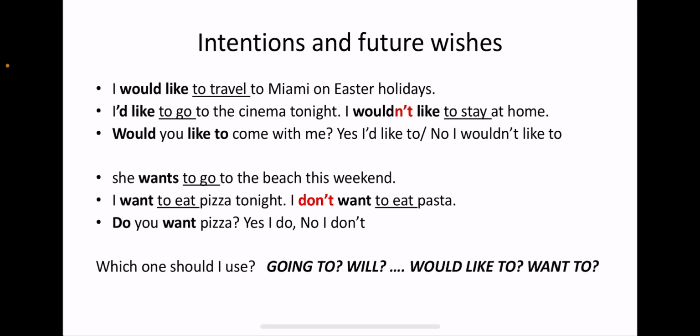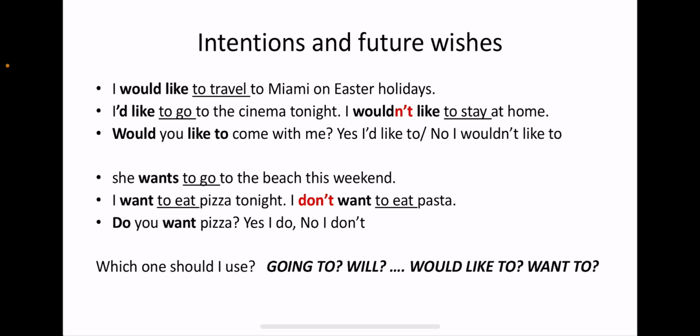Now, which one should I use? Going to, will, would like to, want to, present continuous? How am I going to decide? Well, you know the answer. It depends on what you want to express. Are you talking about a prediction? Will. Are you talking about an arrangement, a plan in the future with details?